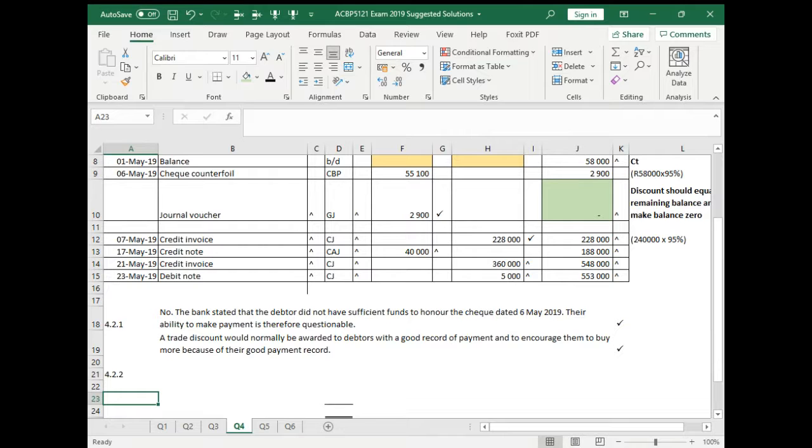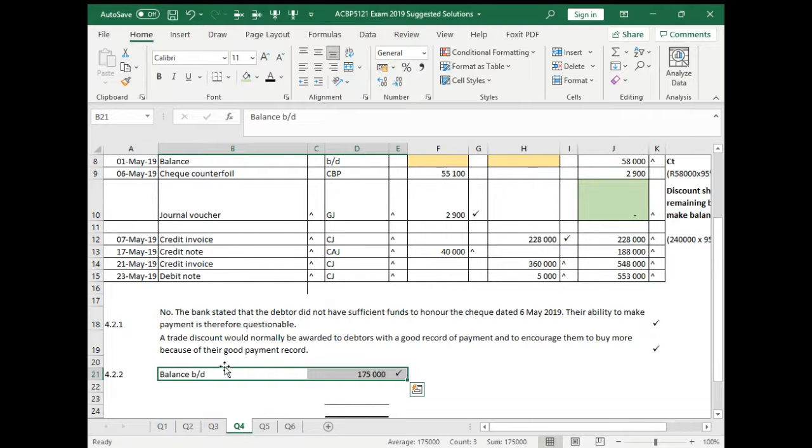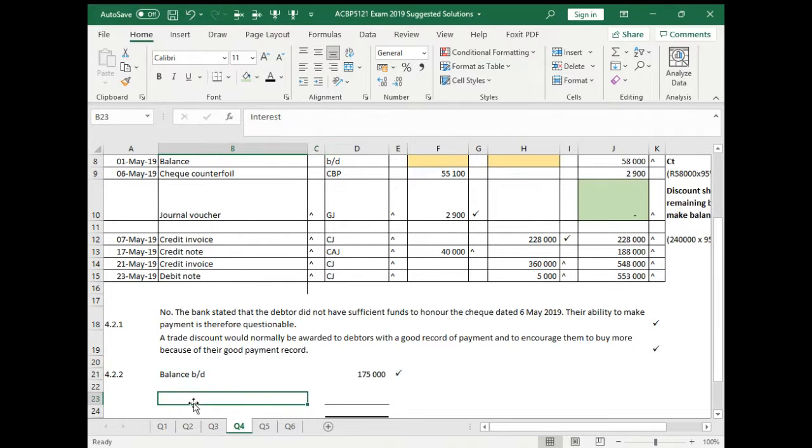Now here they're actually asking you about the data. To work out how much we need to write off, we have to look at their opening balance, whether there were any purchases, and any payments or returns. So the first thing you show is the balance brought forward, which is on the PDF, at the beginning, the 175,000.